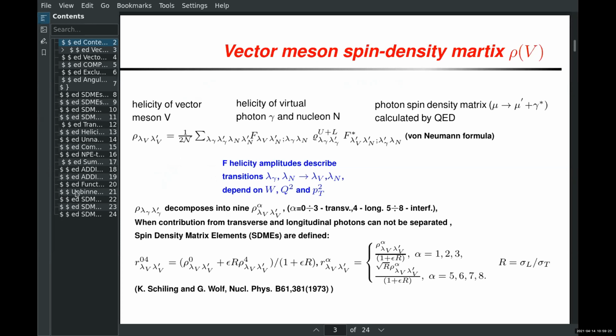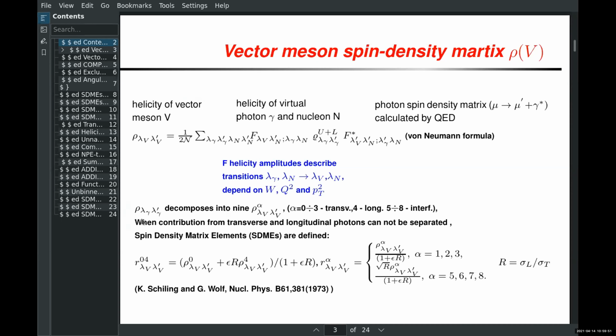This value is decomposed into nine elements, if we want to include the information about the photon. The indices from 0 to 3 correspond to the transverse photon, 4 to the longitudinal, and from 5 to 8 the interference.